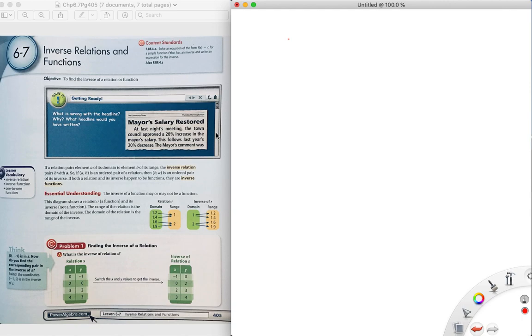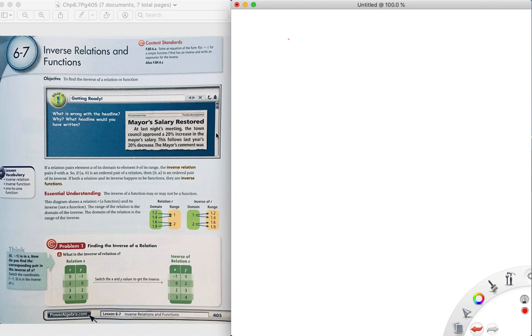So, remember that a relation is just a correspondence between an x coordinate and a y coordinate, or the domain and the range.